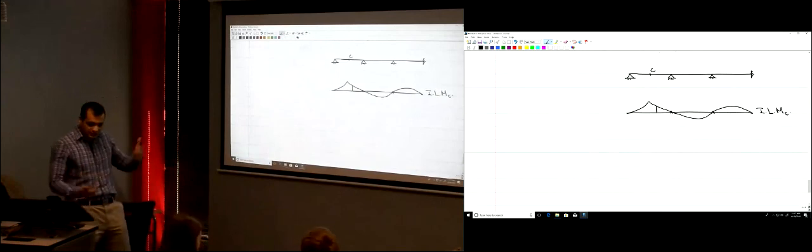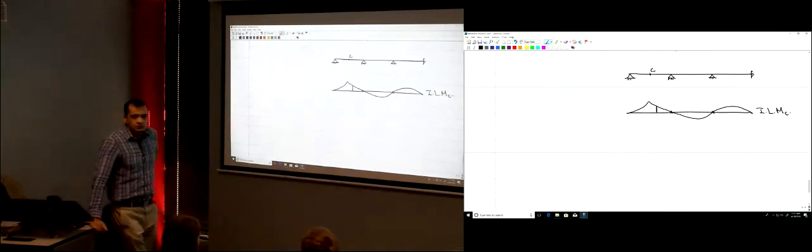What does this vertical distance mean at any point? Come on. If you don't answer this, then you don't understand what an influence line is. The only thing that you have to understand for an influence line is its definition. That's all. What does this height represent?